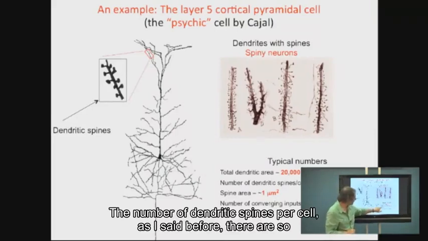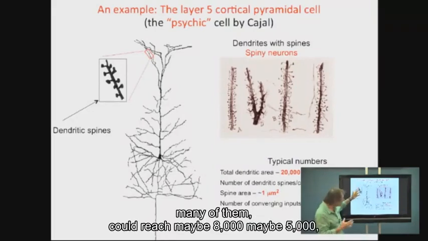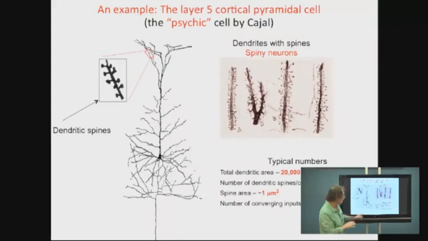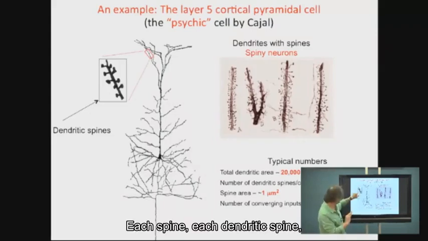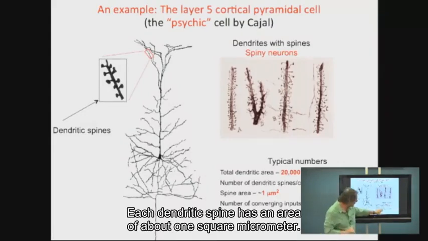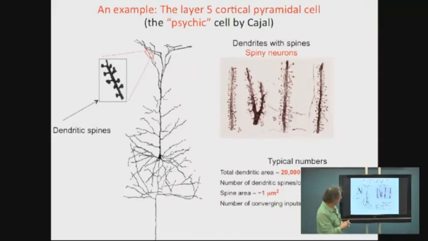The number of dendritic spines per cell, as I said before, there are so many of them, could reach maybe 8,000, maybe 5,000, maybe 10,000, depending on the cell type. Each dendritic spine, and I emphasize dendritic spines because they are so important, has an area of about 1 square micrometer.